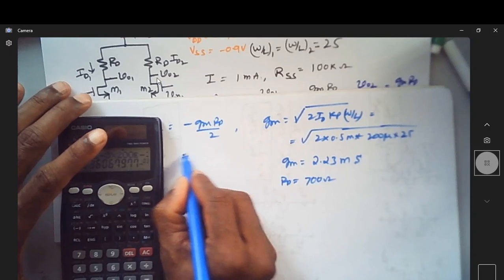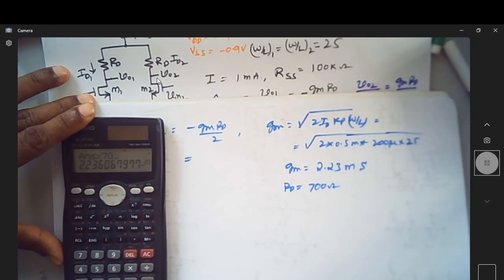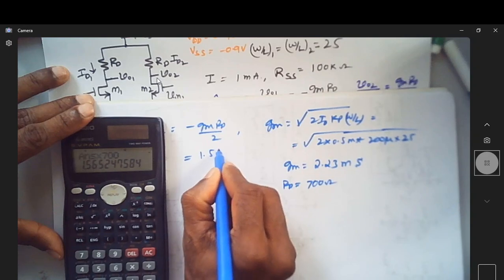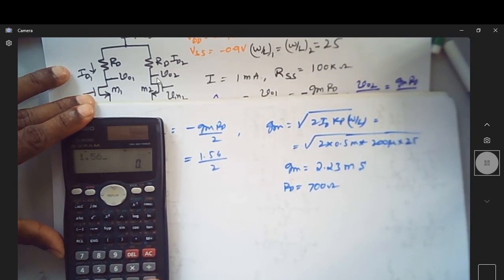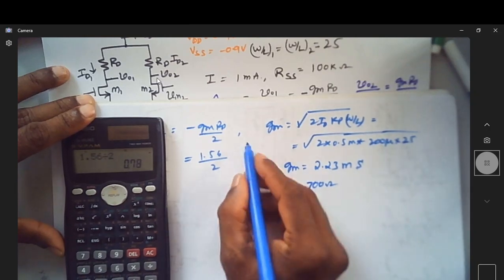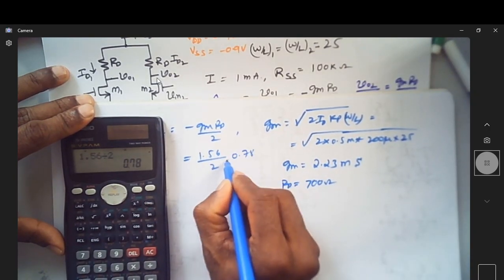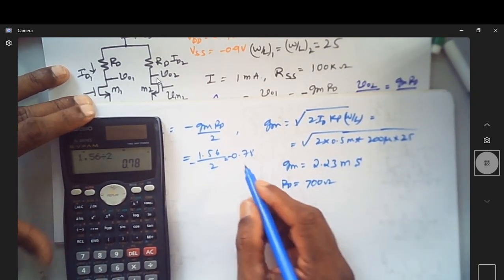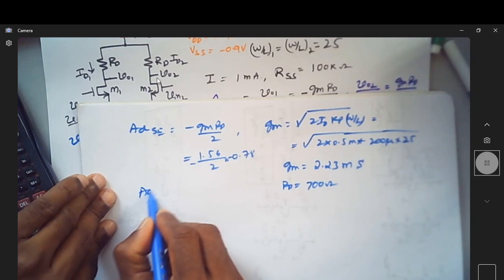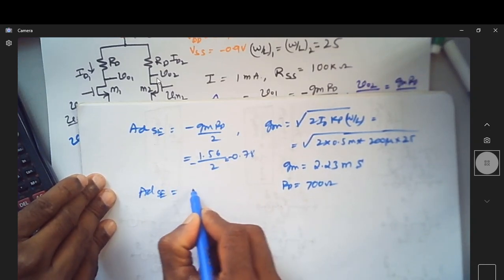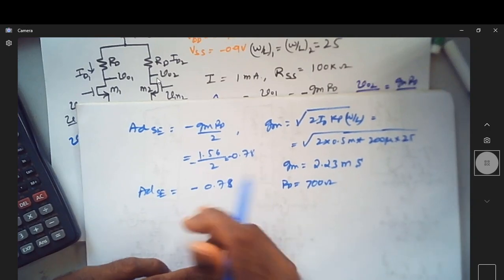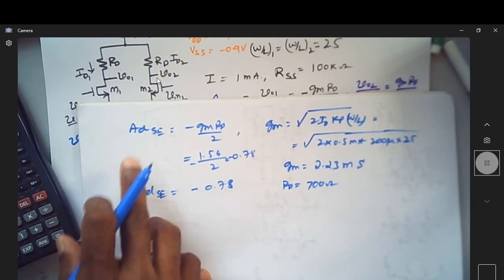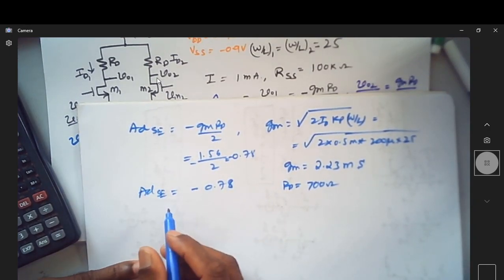So naturally this into 700 is 1.56 by 2, which would be 0.78. So this is minus 0.78. So ADSE is minus 0.78.